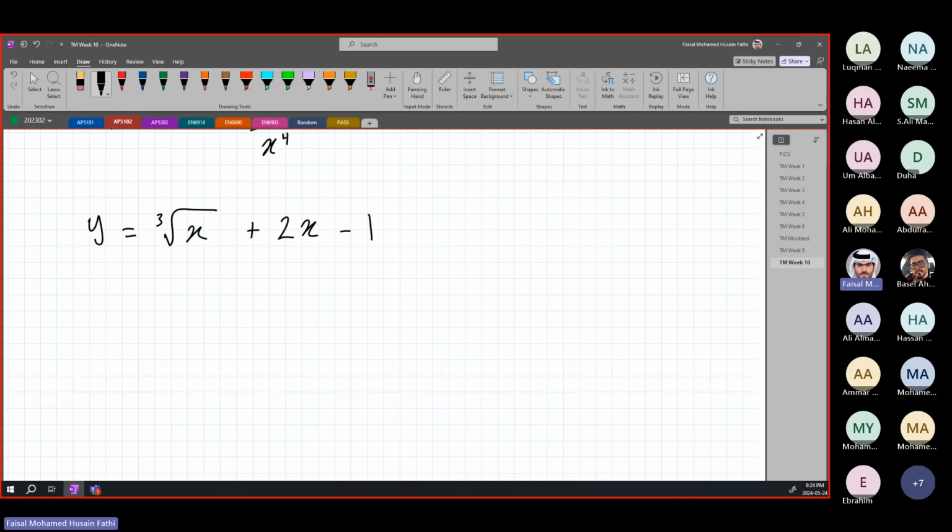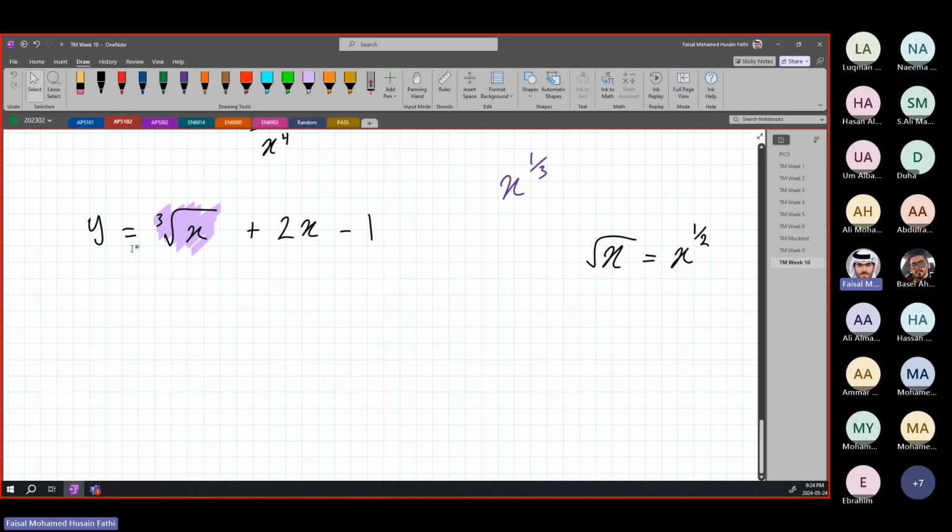Remember, this cube root over here, you can write this as x to the power of 1 over 3. This is the same exact meaning. Same thing for square root of x, it is equal to x to the power of half.